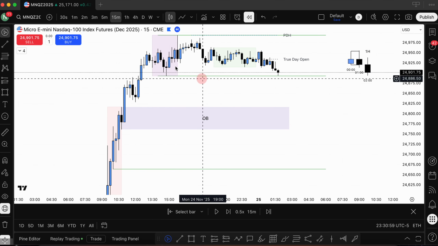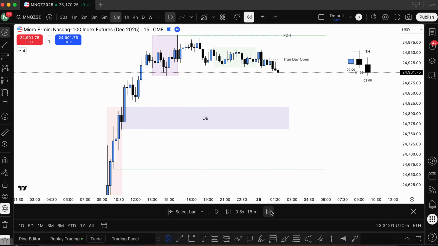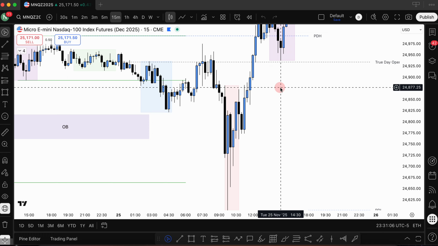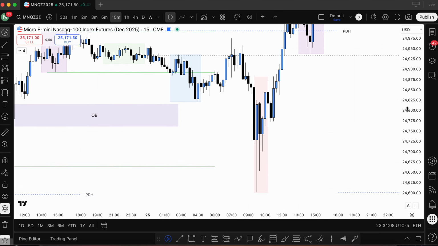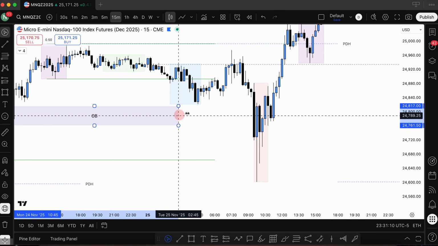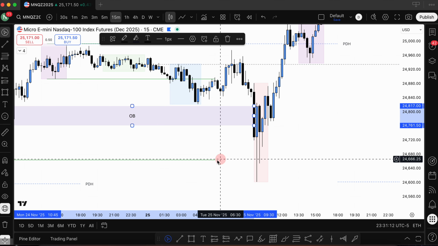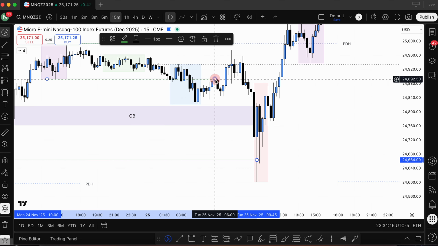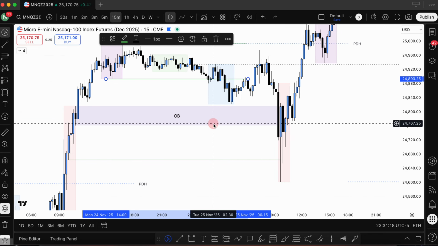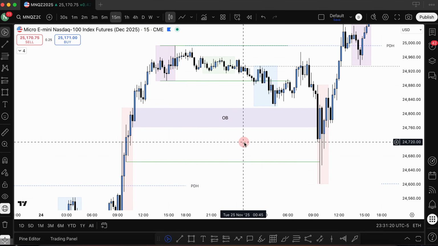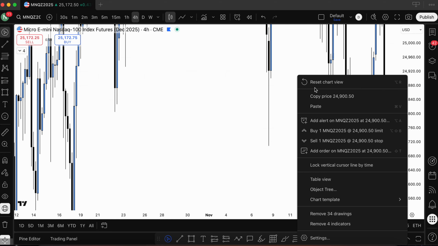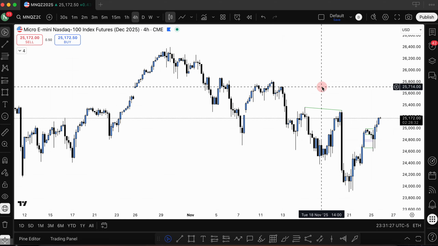But let us fast forward a bit of time. Screw it, replay mode sucks. Let's just look at it like this. The order block comes here. The FVG comes here. This one was another H4.